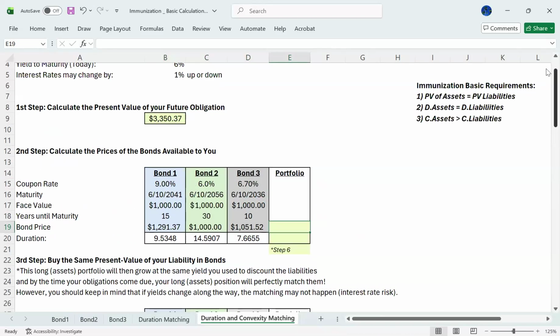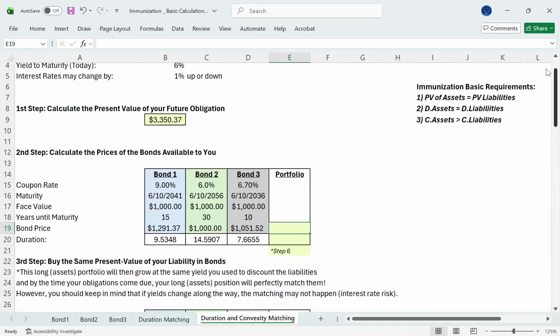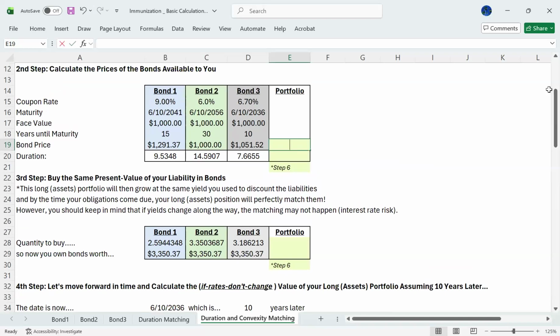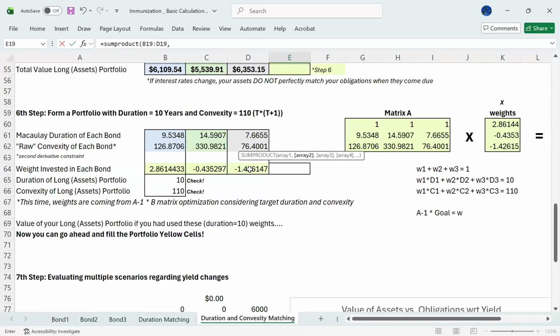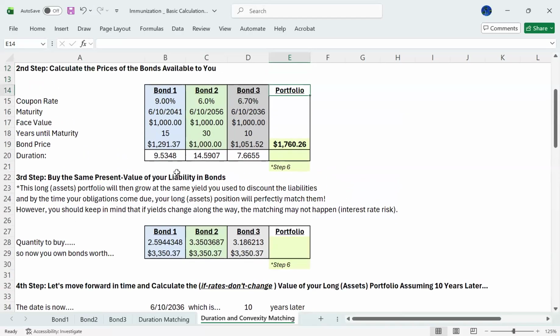Let's go back to the very beginning, even before the 10 years passed by, and we're going to do some sumproduct here. If I had invested, these are the prices, and then these are my weights. There we go. Then this is the price of my portfolio on day one.